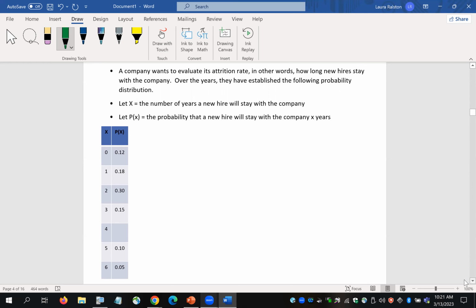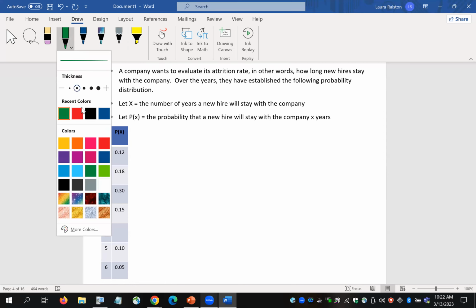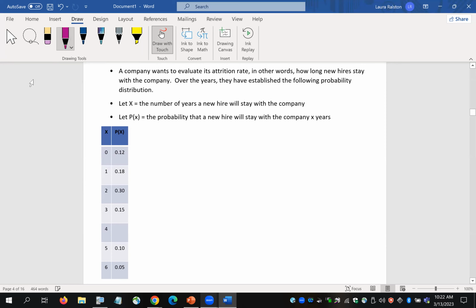And it looks like we have the options 0, 1, 2, 3, 4, 5, or 6. And P of X is the probability that a new hire will stay with the company X years. Now, again, it tells us here that we have this probability distribution, but I don't necessarily want to just trust what they're telling me. So I want to first verify.